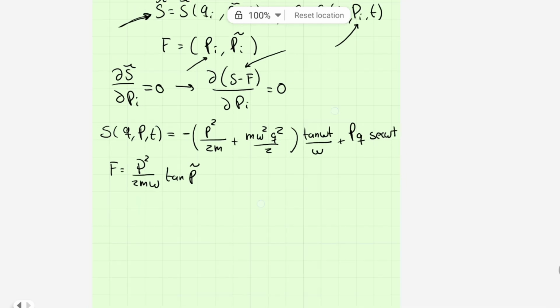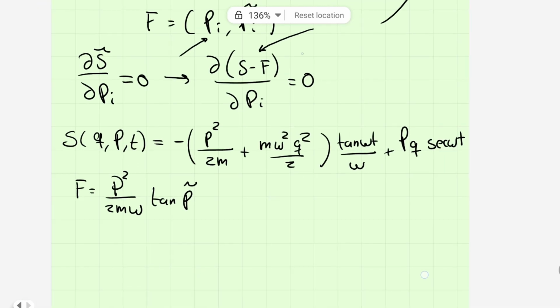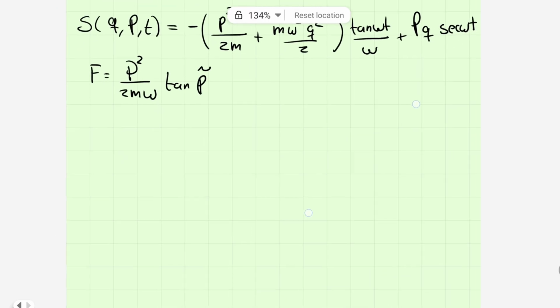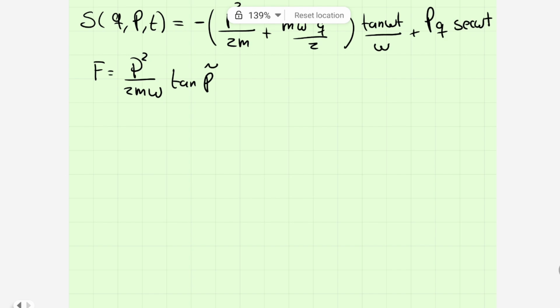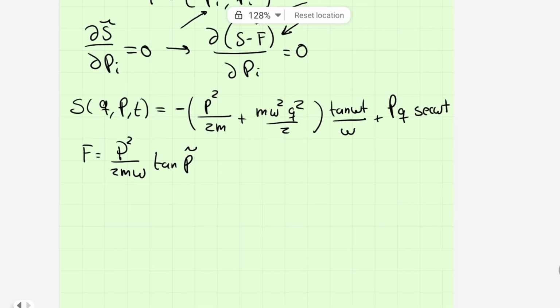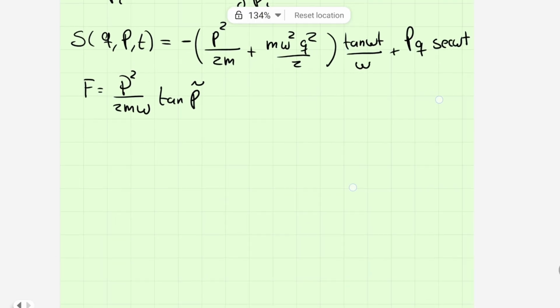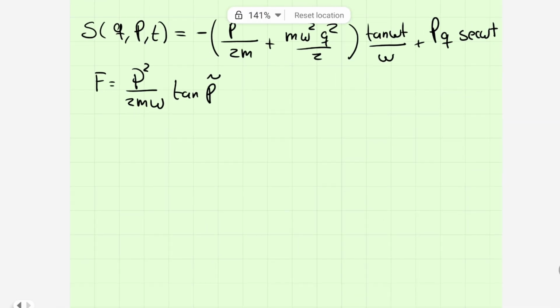With the condition that we have here, that the partial of the difference with respect to pi is equal to 0, we can find a relation between P and P tilde, and with that relation we are going to erase the dependence on pi in the s tilde.